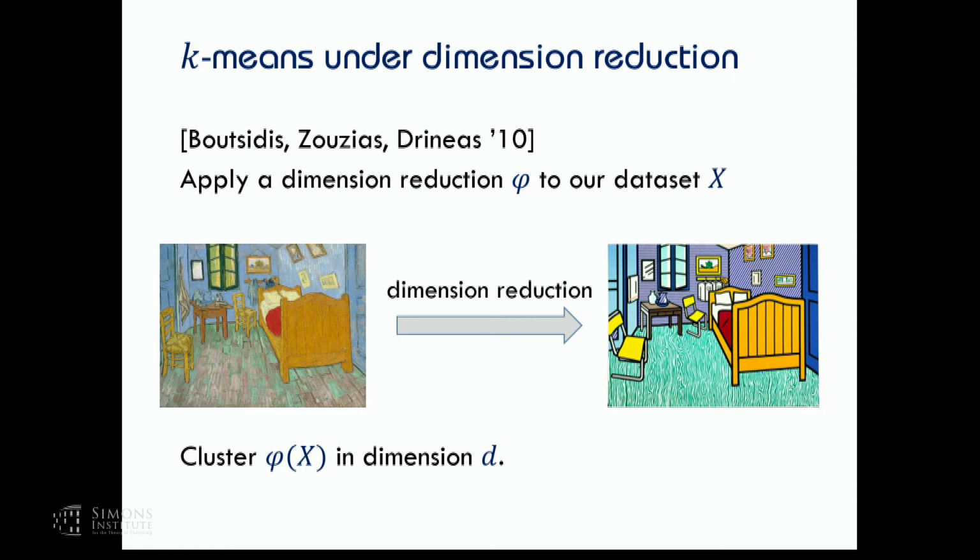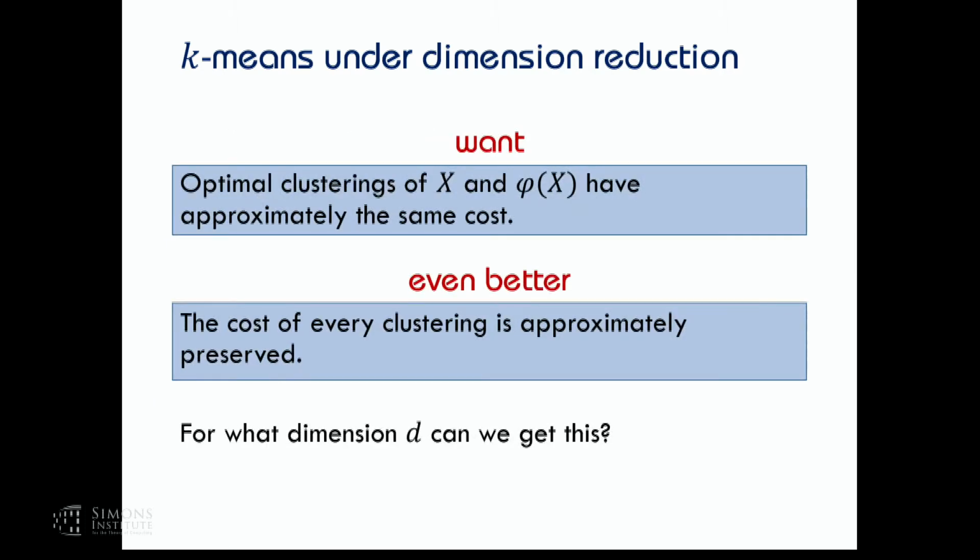So this approach was proposed and studied by Boutsidis et al. Of course, in order for this approach to be meaningful, we want it to preserve the cost of the clustering. So we want the cost of the clustering in the high-dimensional space to be approximately equal to the cost of the clustering in the smaller-dimensional space.